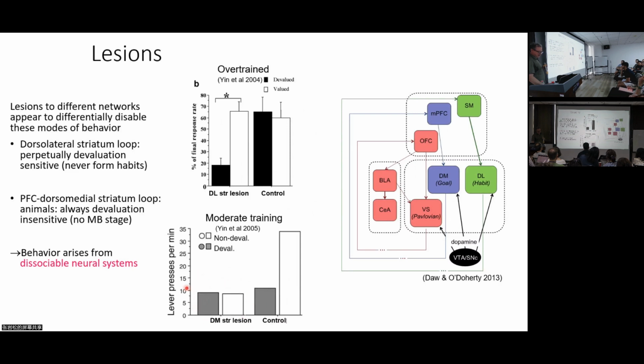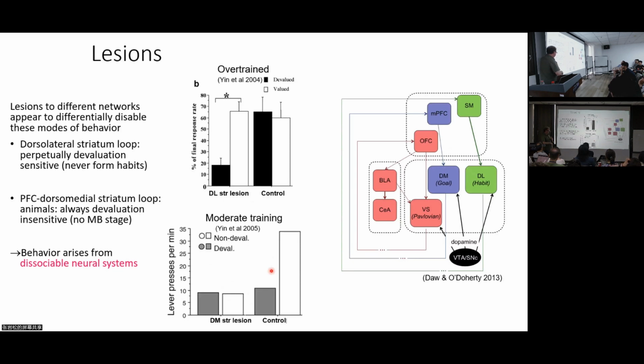They're acquiring lever pressing, the nub of it, the part of it that's the habit, and that develops slowly and grows, but they never get the goal-directed part of it, right? So it looks as though, from these kinds of experiments, that you have dissociable circuits subserving these two modes of behavior, the model-free part and the model-based part, as we would say. Does that make sense?